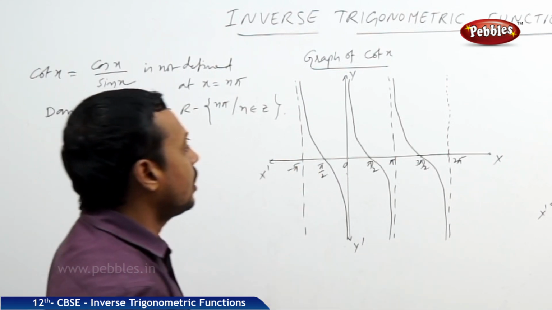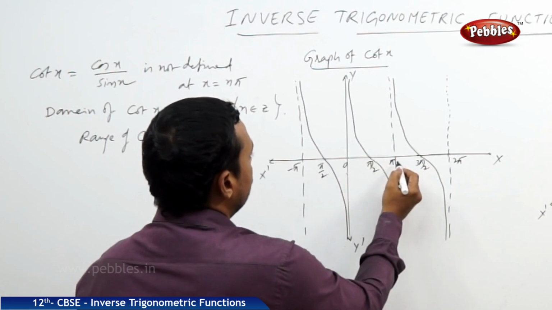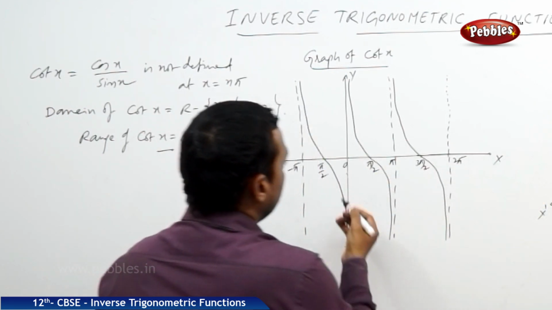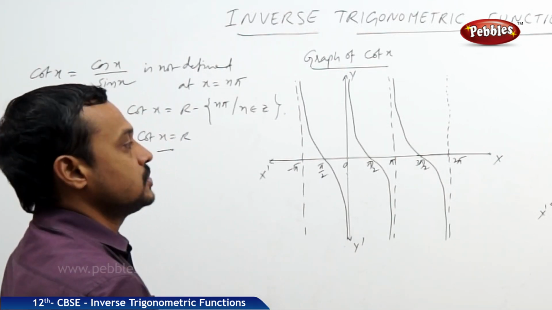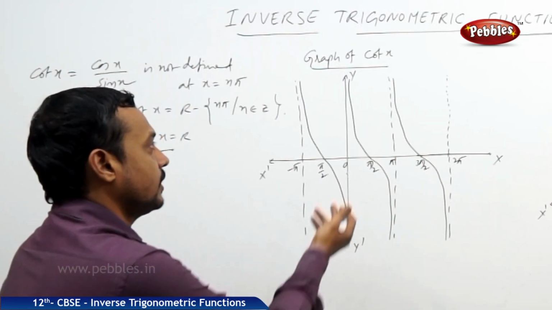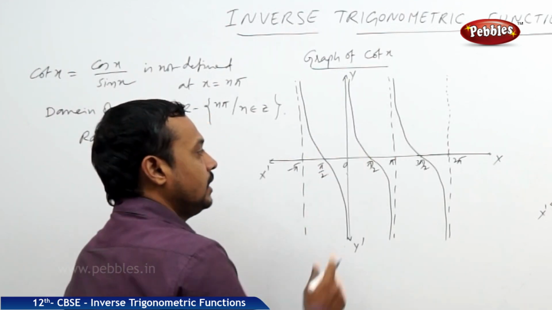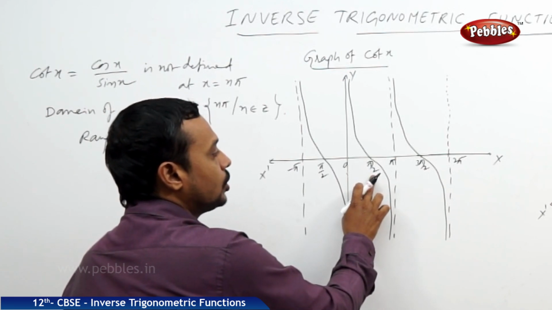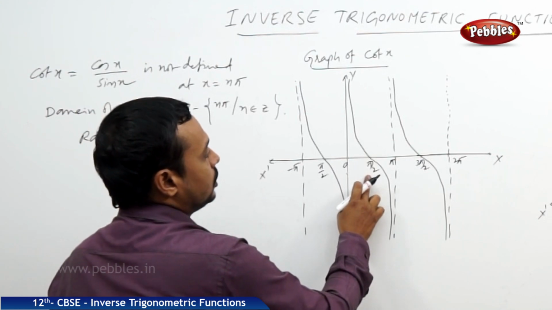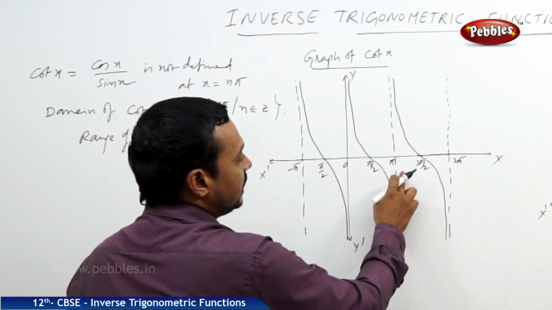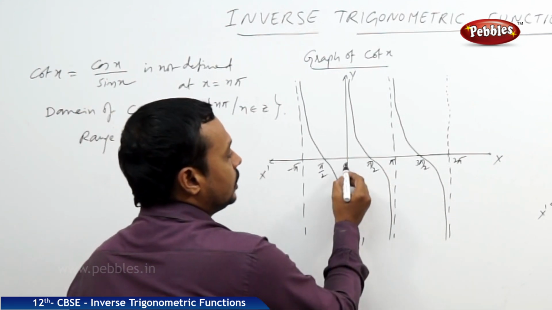See, in this graph, at 0, at pi, at 2 pi, 3 pi and minus pi, minus 2 pi, at those values, integral multiples of pi, cot is not defined. So cot 0 value is infinity, cot pi by 2 is equal to 0, and again cot pi is not a defined number.